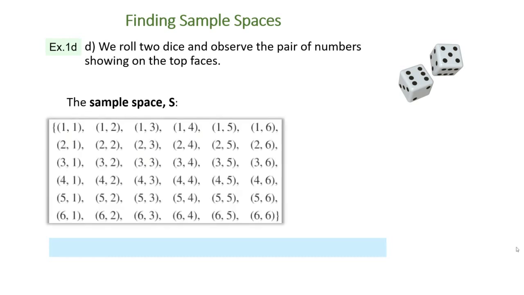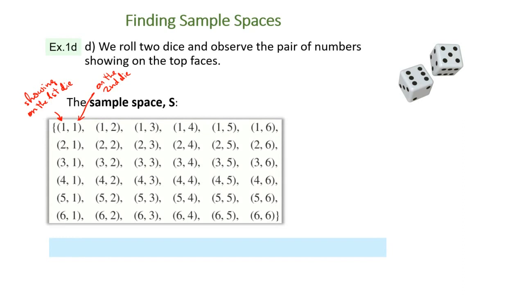And the sample space can be represented with a table. The first number is the showing on the first die. The second number is the showing on the second die. Here are all possible combinations.